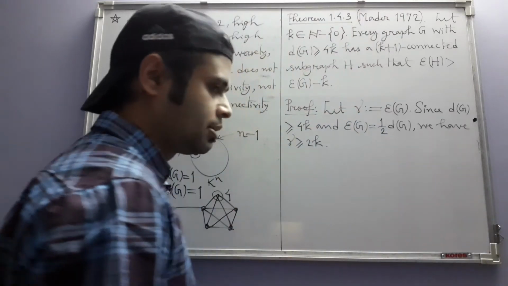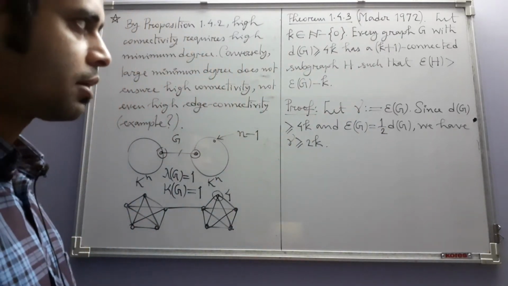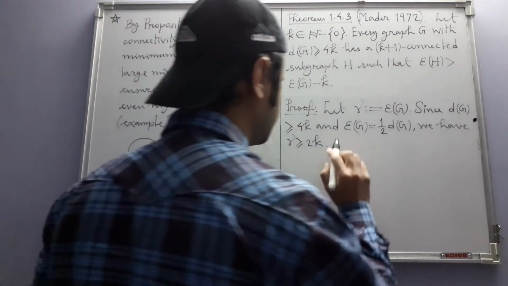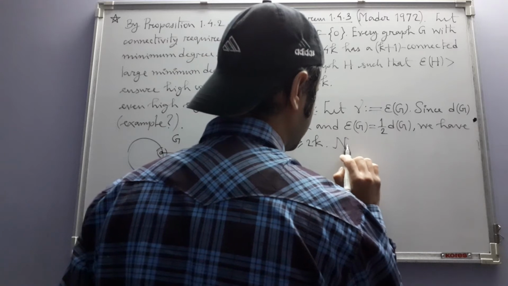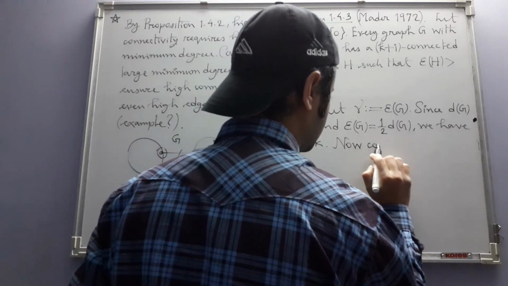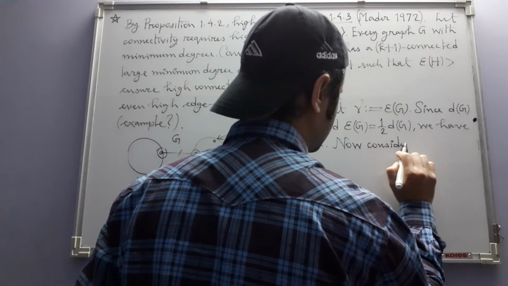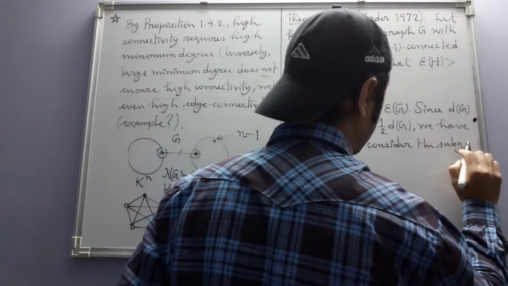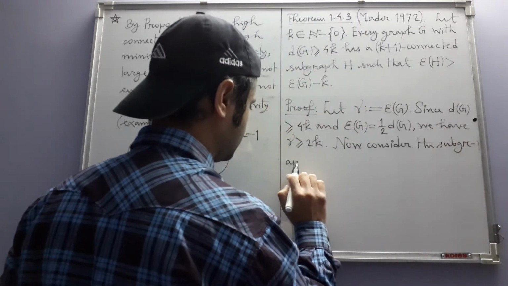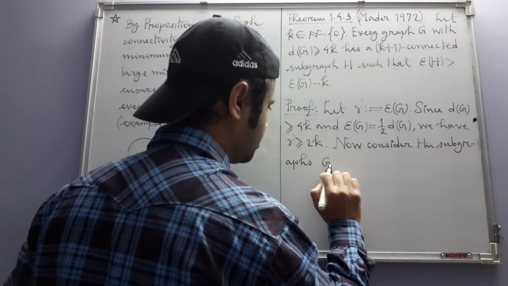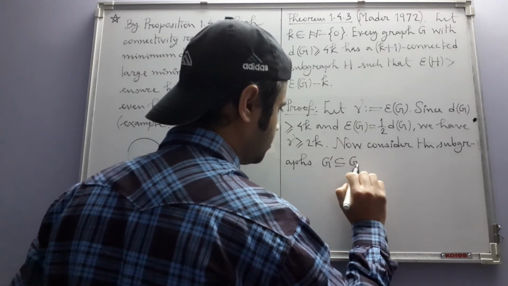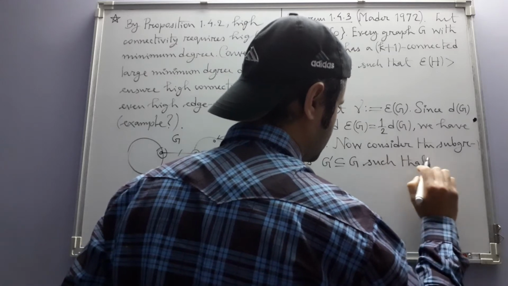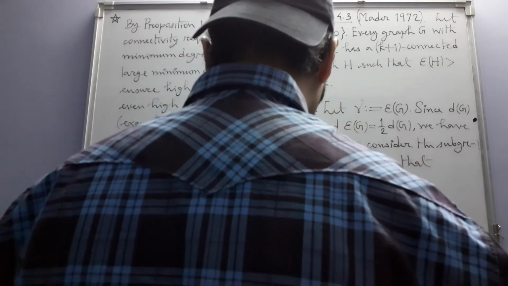We are now going to consider a class of subgraphs of G that is given by these properties. Now consider the subgraphs G prime of G such that there are two conditions.